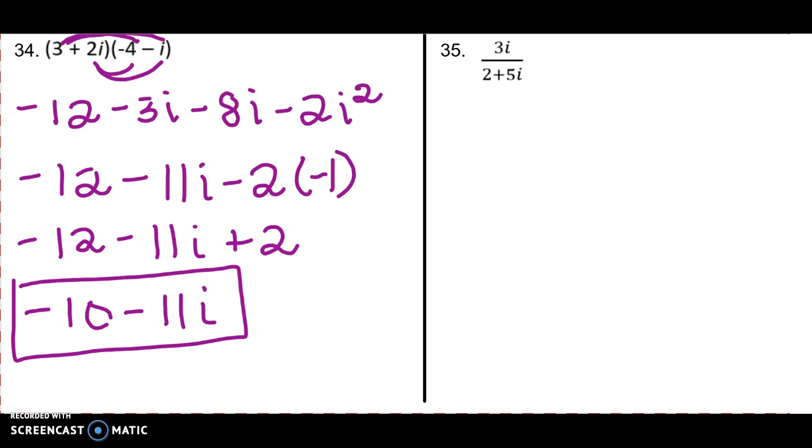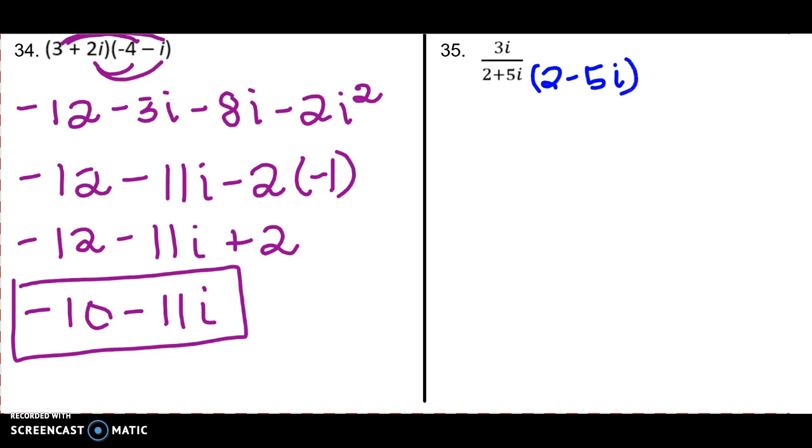All right, number 35. Just like radicals, you cannot have imaginary numbers in the denominator. And remember, to get rid of the radical in the denominator, we multiplied by the conjugate. We're going to do the exact same thing with these imaginary numbers. So we need to multiply by the conjugate of 2 plus 5i, which we know the conjugate of that would be 2 minus 5i.